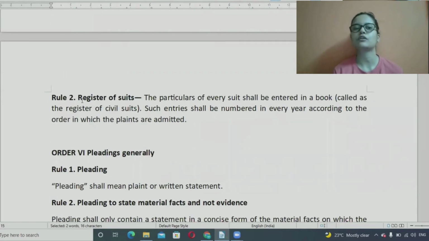Rule 2 talks about the register of suits. In a single year, a lot of cases are filed before the same court. After 10-15 years, if we want to get copies of a case or know what happened in it, it would be very difficult to get the information.